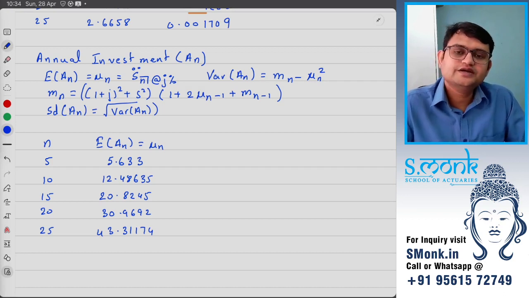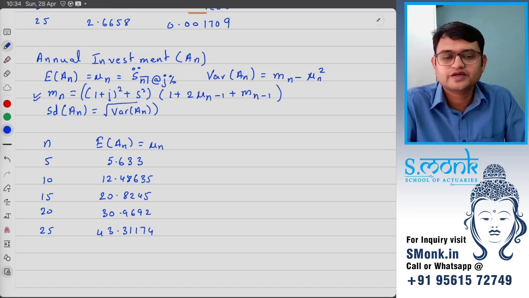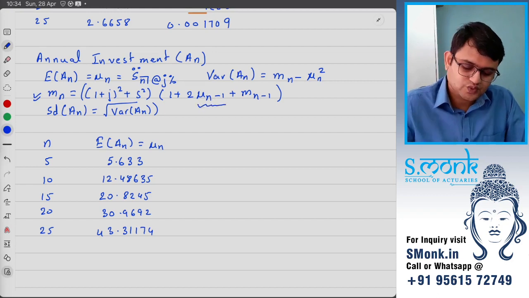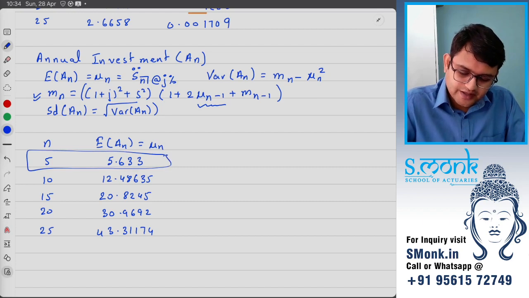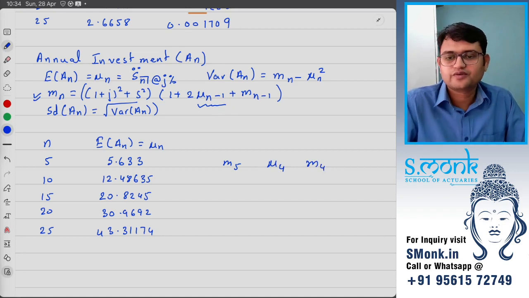So for standard deviation, we'll need mn to calculate variance. For calculating mn, we require mu n minus 1. So if I'm calculating for 5 years, that means I'm calculating m5, I will need mu 4 as well as m4.